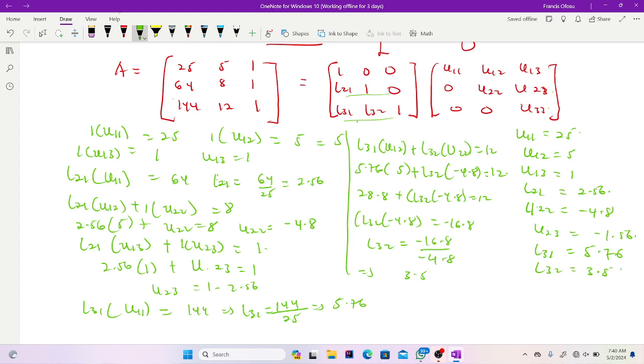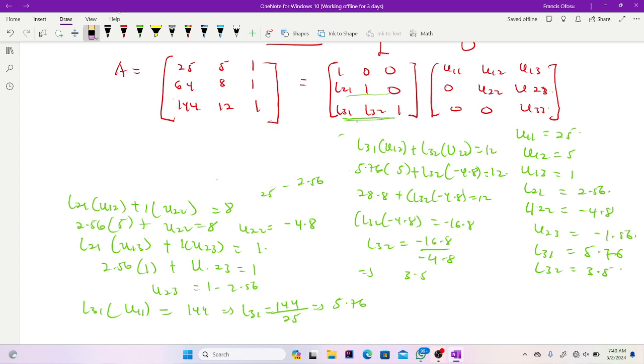Then finally, this same row multiplying by the last column. At this point, this time the last column, I'll have L31 multiplying U13 plus my L32 multiplying U23 plus 1 multiplying U33 is equal to 1.